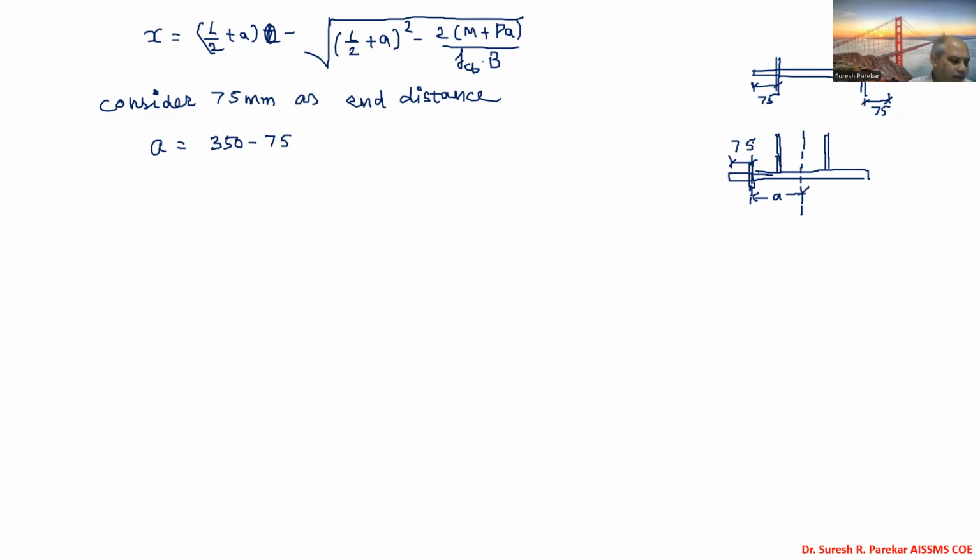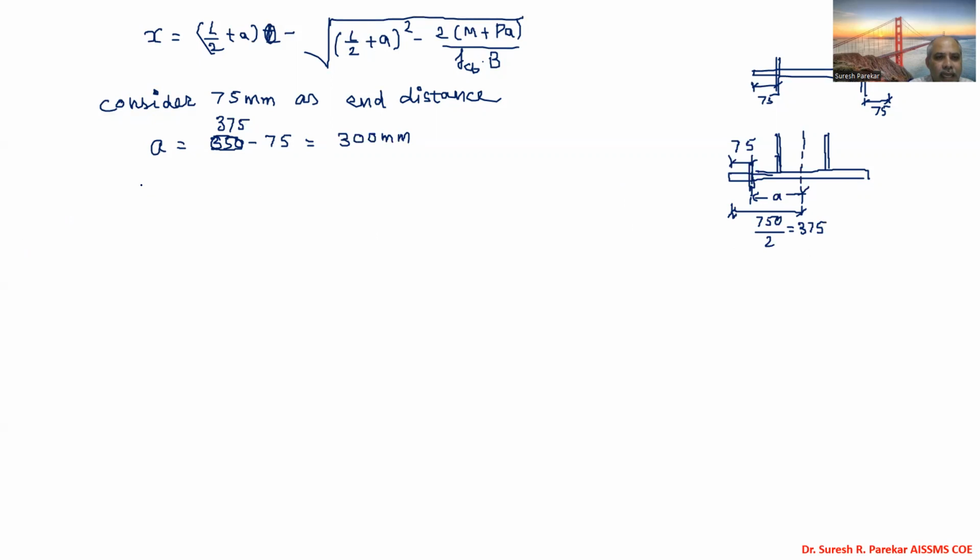And then this value, we have 750 by 2, and it comes 375. Actually this is not 350. So this is 375 minus 75, so it comes 300 millimeters.